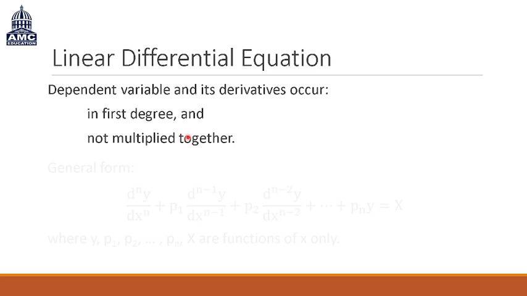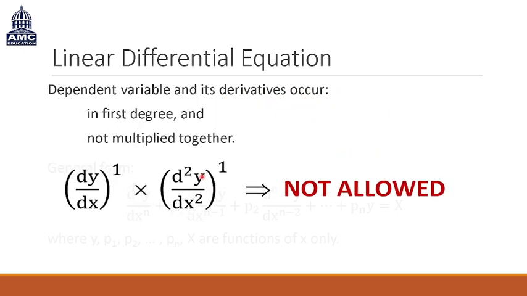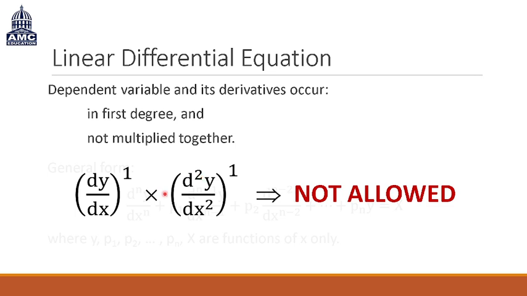And there is another condition that all of these terms, y and dy/dx and d³y/dx³ and so on, cannot be multiplied with each other. There can be a linear combination of these, for example, 5 times dy/dx plus 7 times d²y/dx². That is fine, but both of these multiplied together is not allowed.